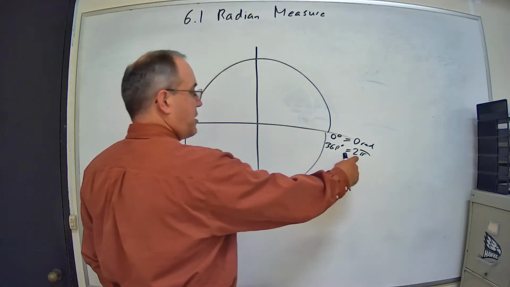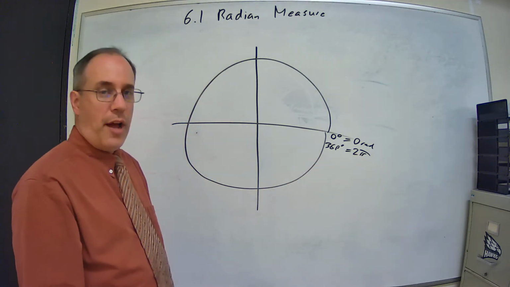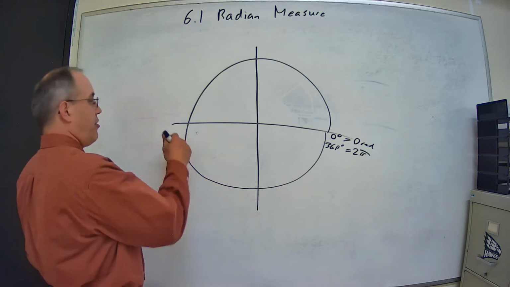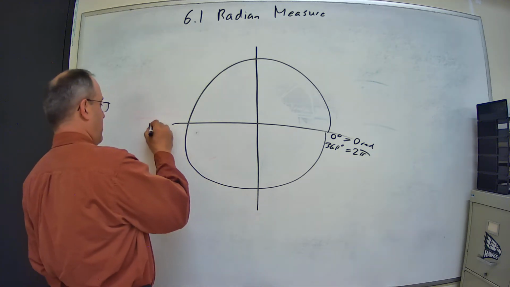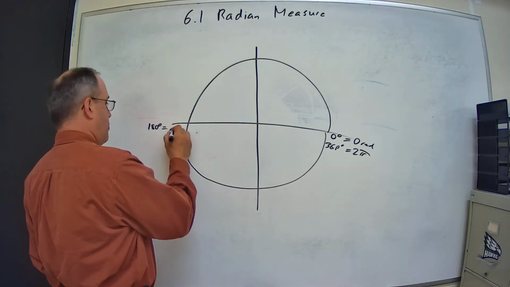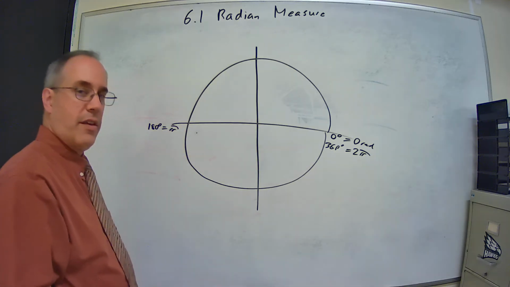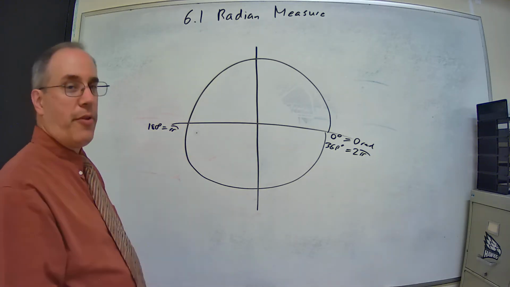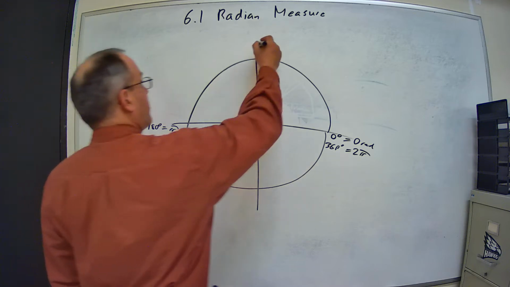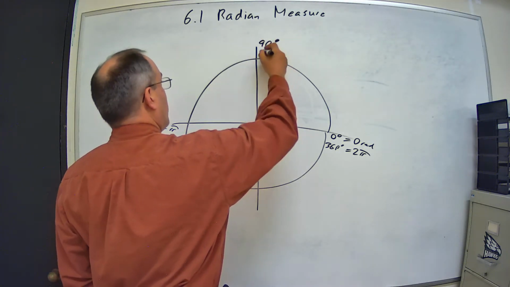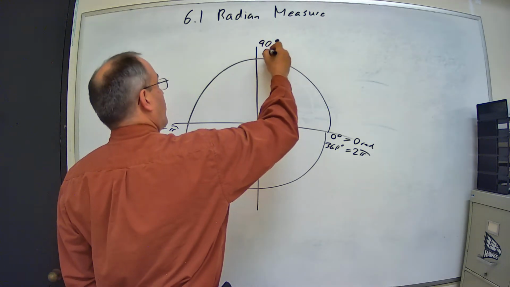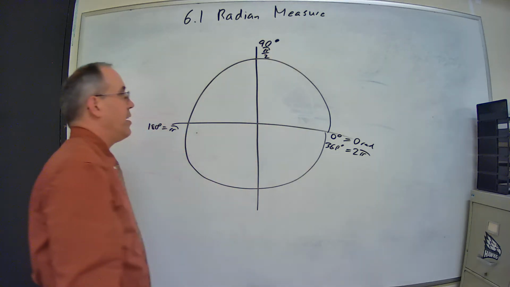So if 360 degrees is 2 pi radians, then 180 degrees is pi radians. If 180 degrees is pi radians, then 90 degrees is pi over 2 radians.